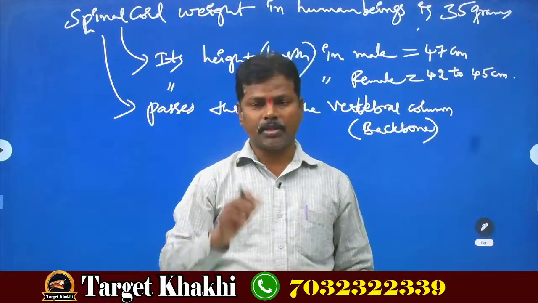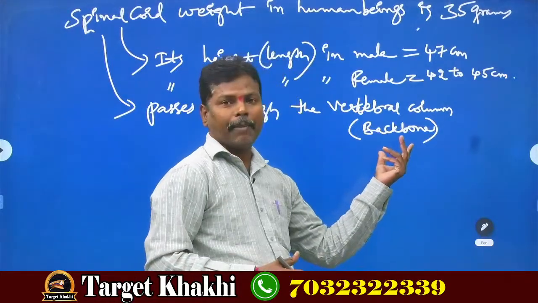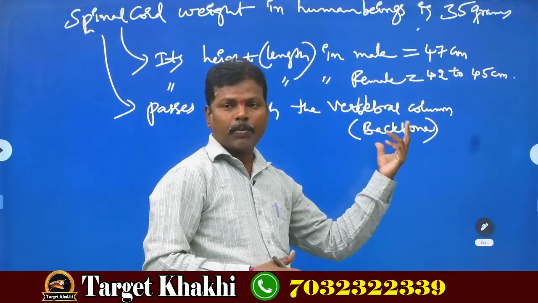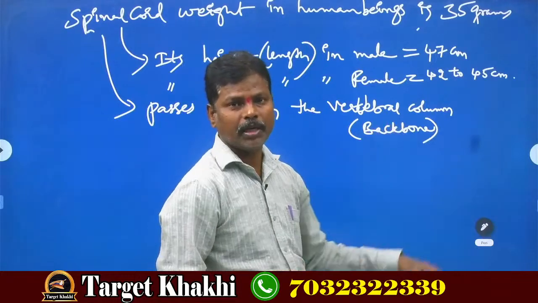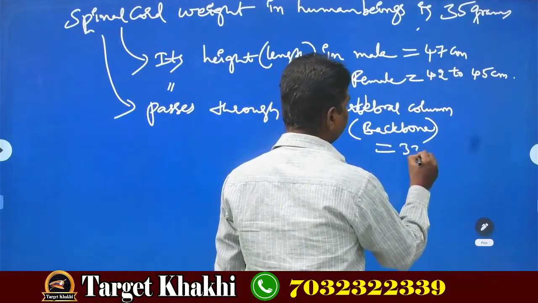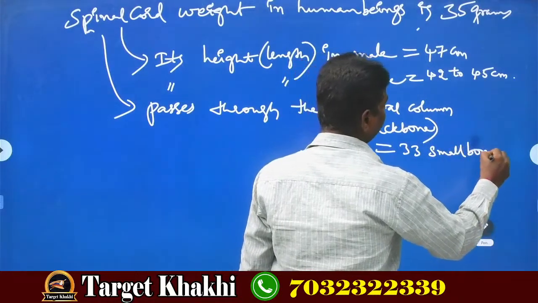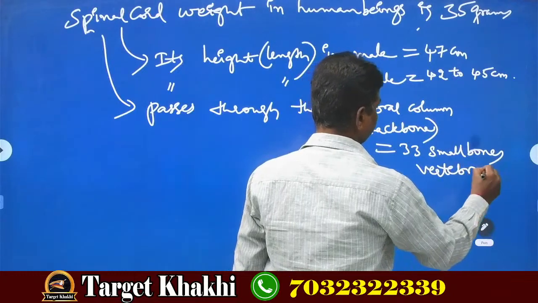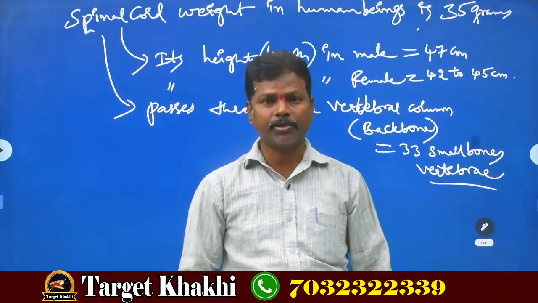So these are the functions of the backbone. Why? Because the backbone is a vertically elongated bony frame which contains 33 vertebrae, 33 small bones. They are called vertebrae. Understood, everybody?